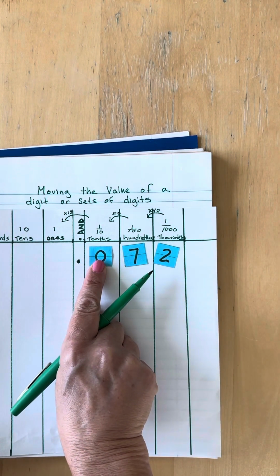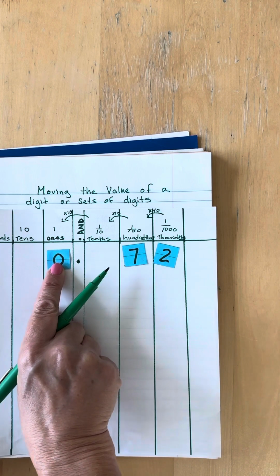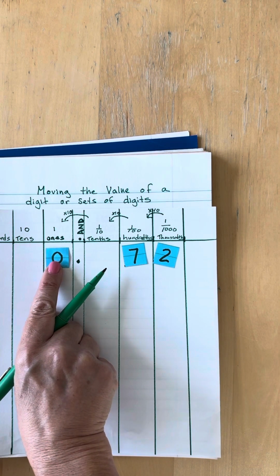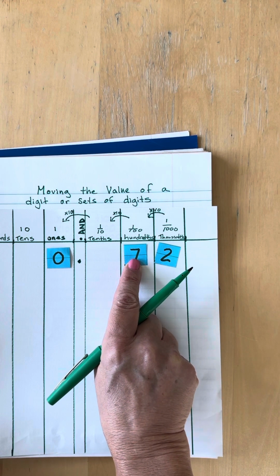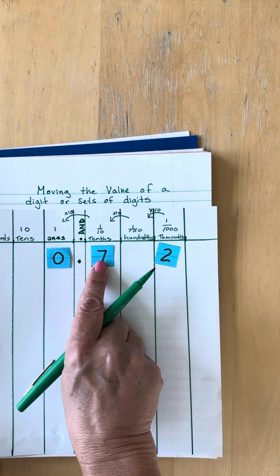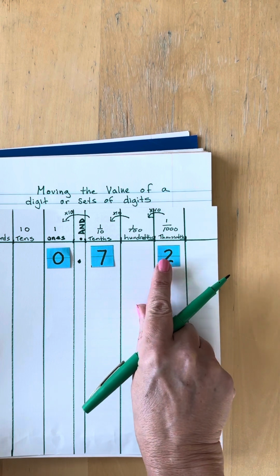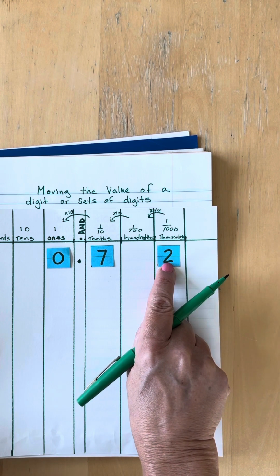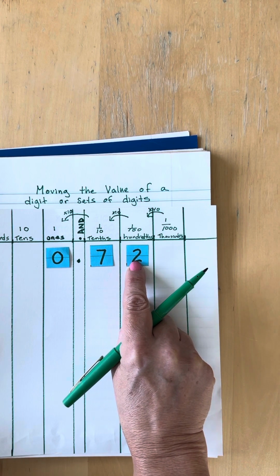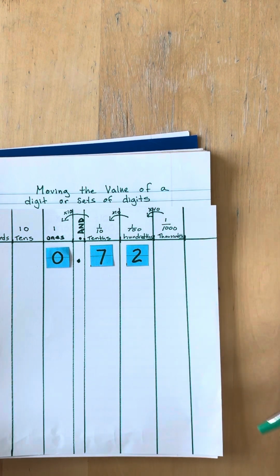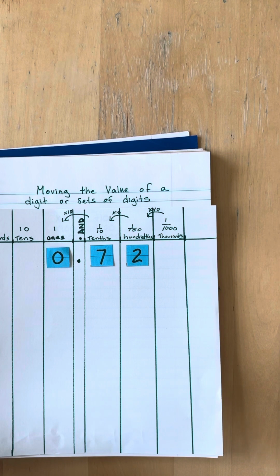The 0 tenths times 10 is 0 ones. We have our 7 hundredths times 10 is 7 tenths. Our 2 thousandths times 10 makes it 2 hundredths, following the patterns on the place value chart. So now the number we have here is 72 hundredths.